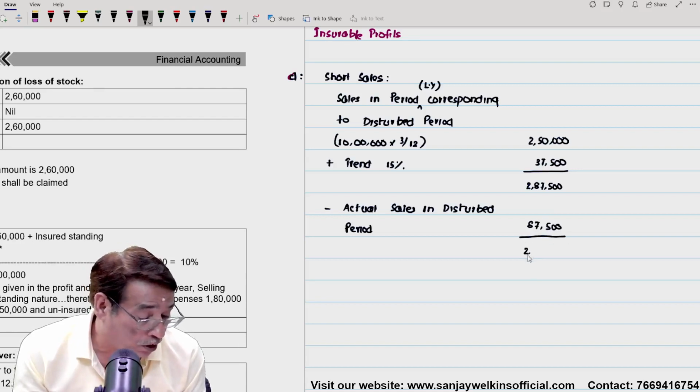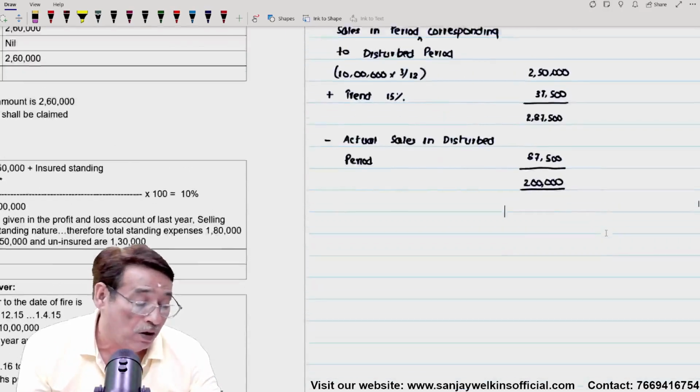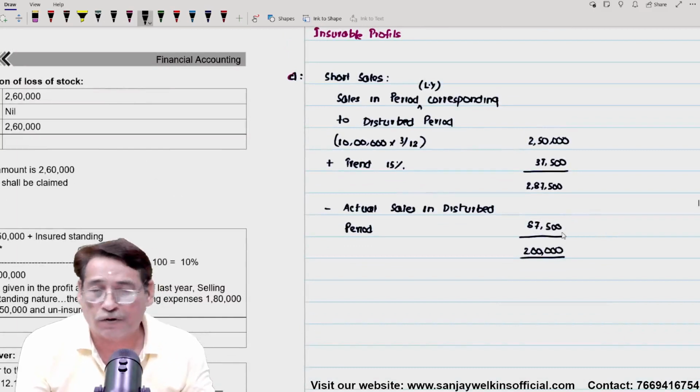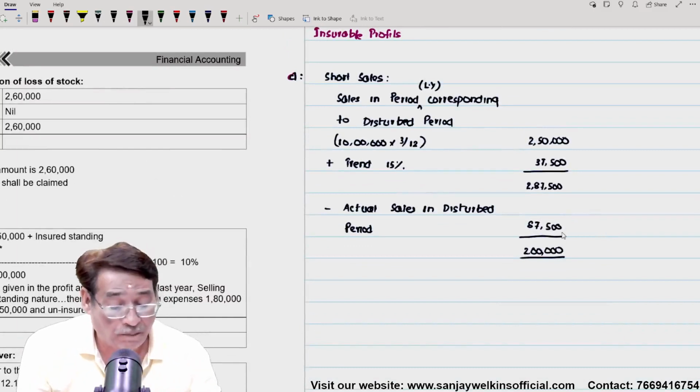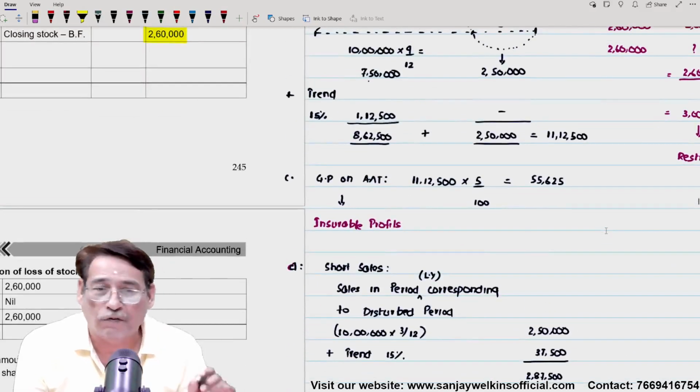So short sales must be equal to 2 lakh. Is it clear to you? So we have computed the amount of short sales also. We have computed the amount of annual adjusted turnover also.